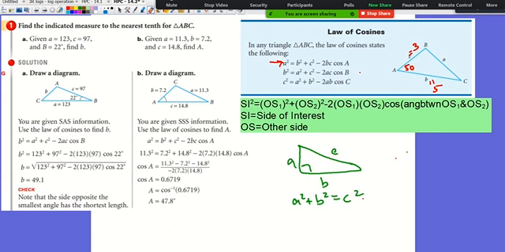So if you want to find A, we're going to plug it into this formula right here.